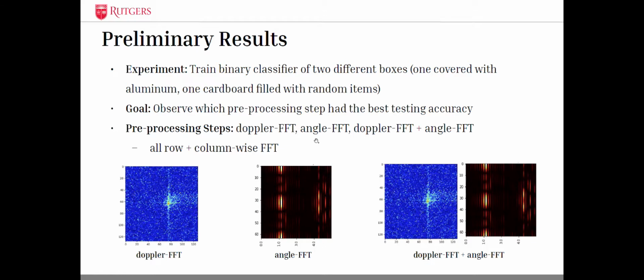So for the preliminary results that we got, as I mentioned before, we trained a binary classifier on two different boxes, where one was covered with aluminum and the other one was a cardboard box filled with random items. Our goal here was to determine which pre-processing step had the best testing accuracy, and the different ones we compared were Doppler fast Fourier transform, angle fast Fourier transform, and the Doppler and angle, both of them at once.